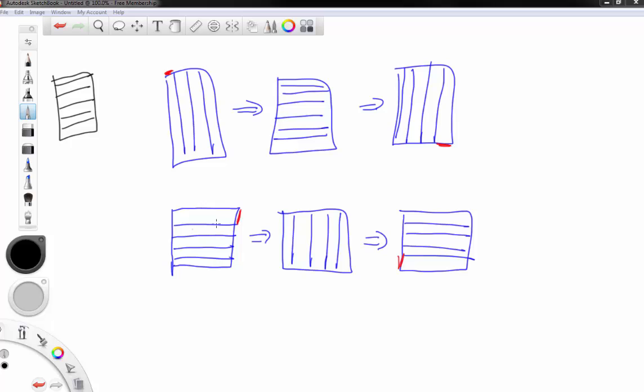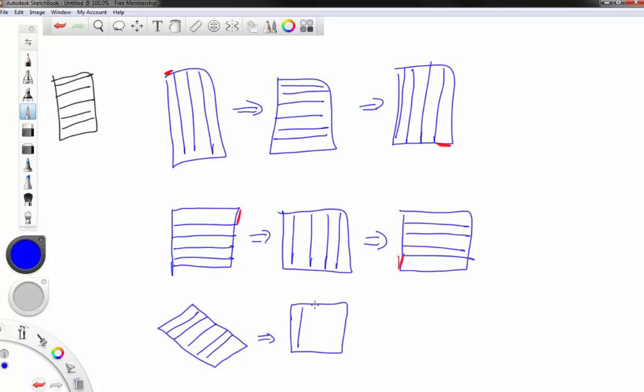Here you start off with most of the light getting through. 90 degrees later you've got almost none getting through. 90 degrees later most of it gets through again. Okay, well, it's also possible to start off at some slanted orientation like so. So you maybe start off like this, and then you rotate it. You don't go through a whole 90 degrees, but you rotate it so that you are now like this.